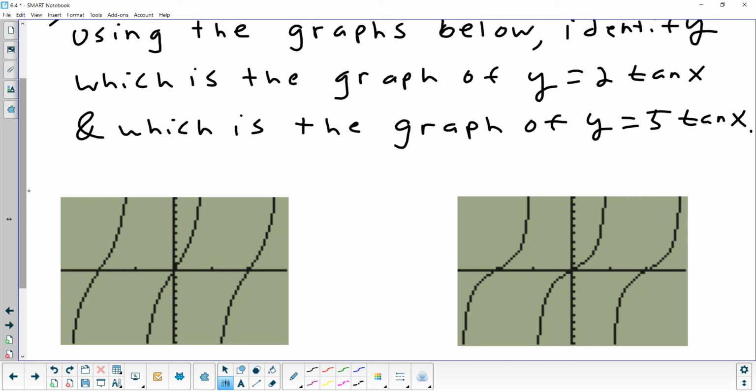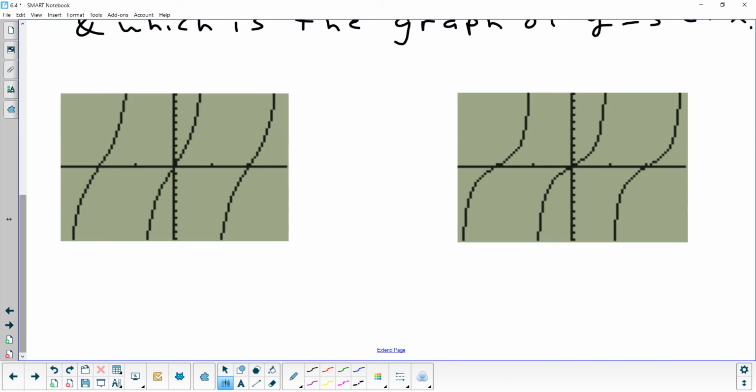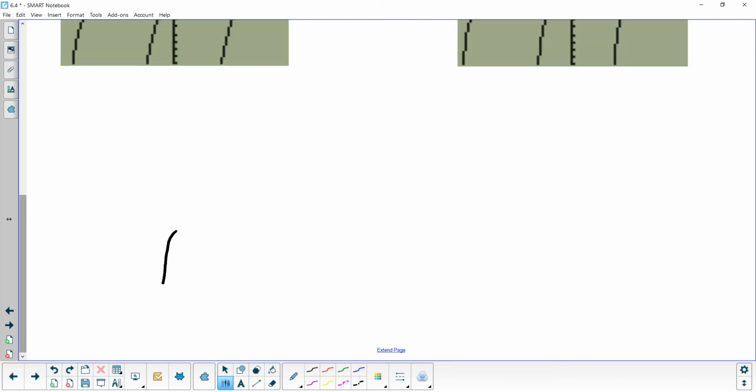It's a vertical stretch. So which one of these looks like it was stretched vertically more than the other? Yeah, the graph on the left. If you take something that looks like this, you can see right now that it's got a pretty sharp curve in the middle.